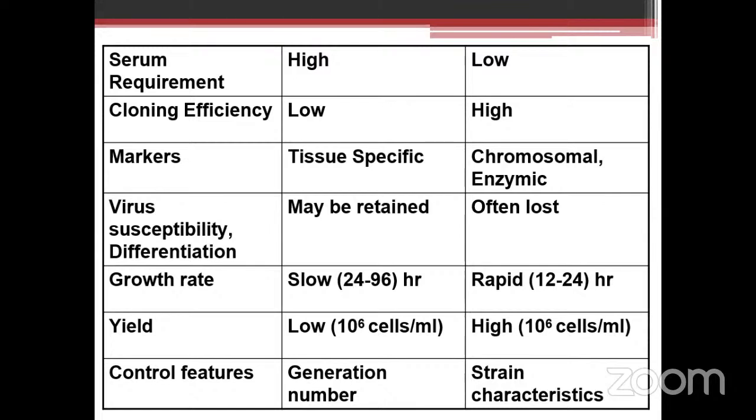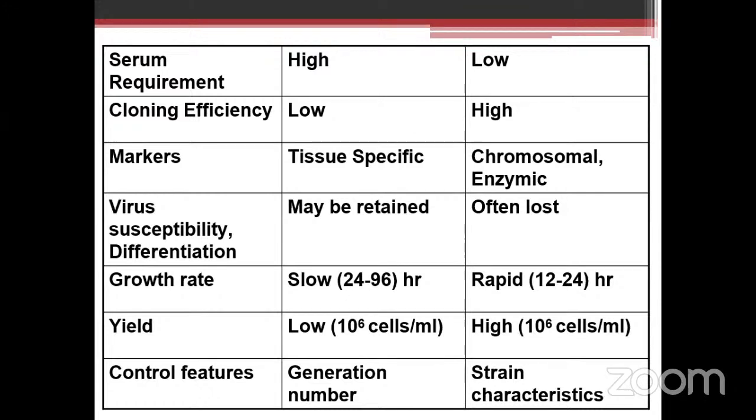Then the markers which they exhibit are tissue specific, because they are not transformed. They will still exhibit the tissue specific markers of the source tissue from where they are isolated.